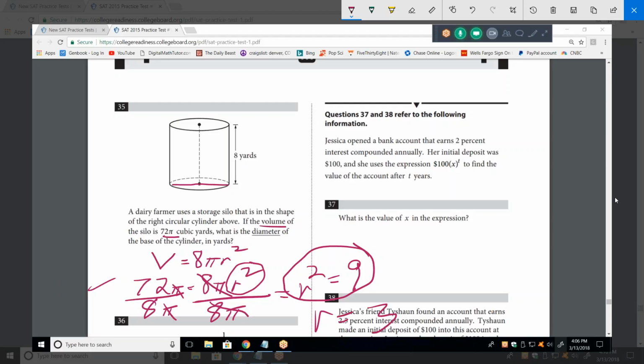Now, unfortunately, they don't ask for r. They ask for diameter. So if the radius is 3, what's the diameter? The relationship between a radius and a diameter.